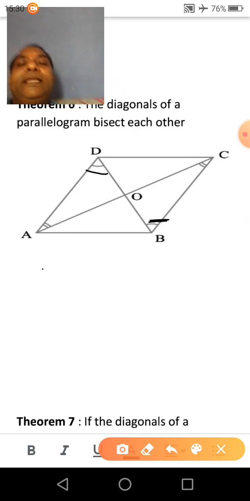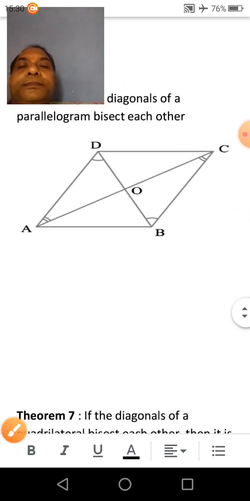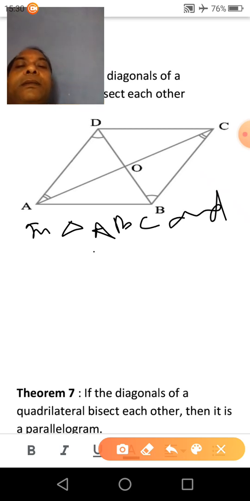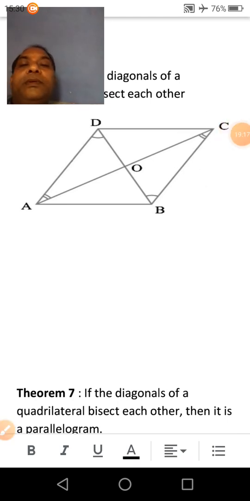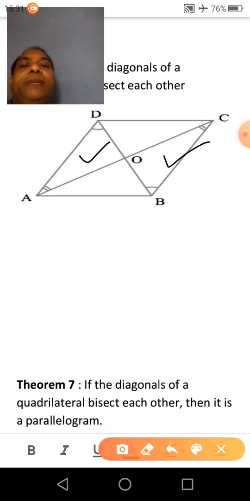Now in triangle AOD and in triangle BOC.